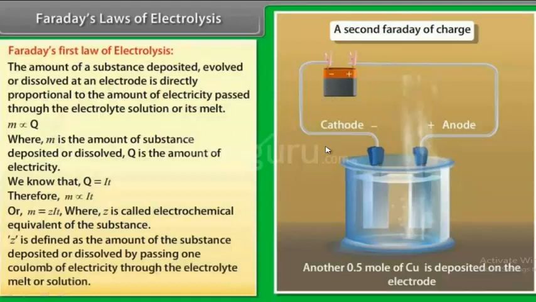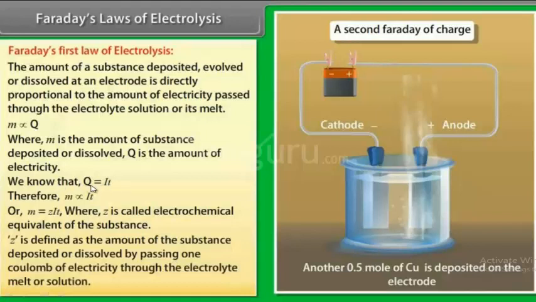If the amount of substance is denoted by M or W, in your book that is expressed as W, and the amount of electricity is expressed by Q, then according to the law M is directly proportional to Q. Now we know that Q is actually Q equals IT, where T is time and I is the current in ampere.